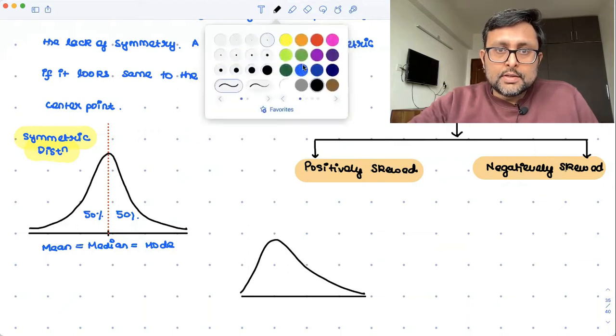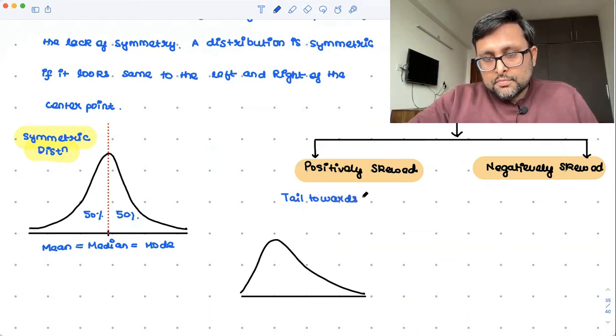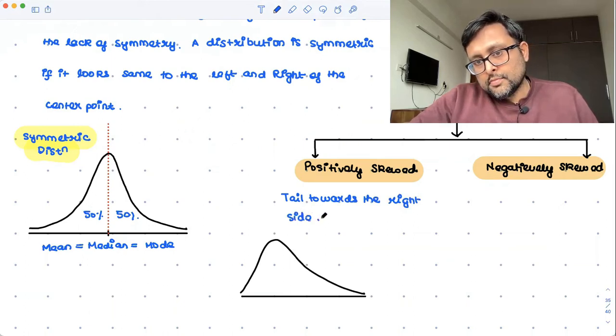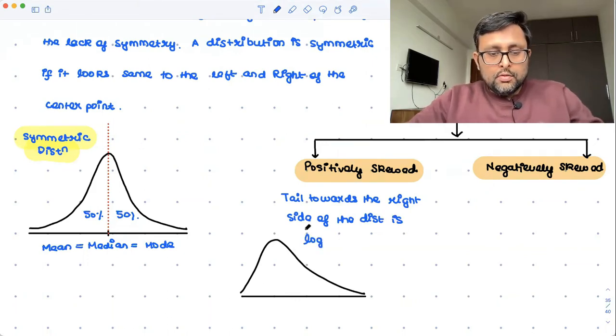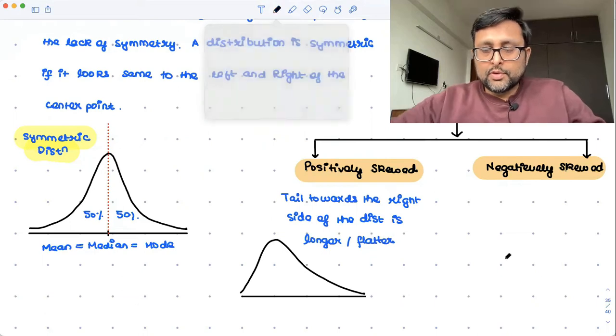So you can just write it this way, that the tail towards the right side of the distribution is longer or flatter. Okay, I'll tell you something more about that.